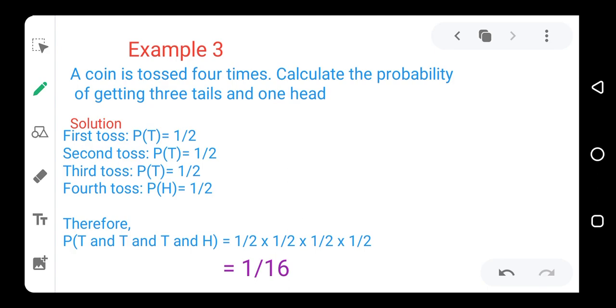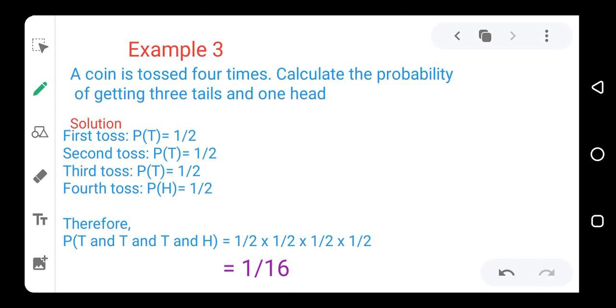If you toss it the first time, because it has 2 sides, the head and tail, these are the only possible outcomes. The probability of getting tail the first time is 1 over 2. The probability of getting tail again in the second toss is 1 over 2. The probability of getting tail again the third time is 1 over 2. And the probability of getting head in the fourth time is 1 over 2 also.